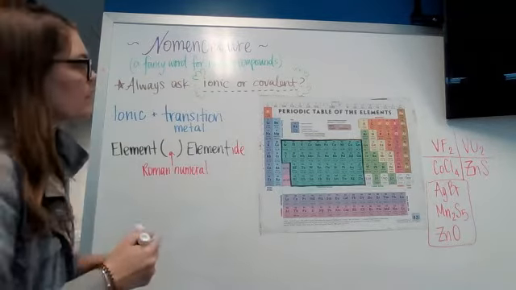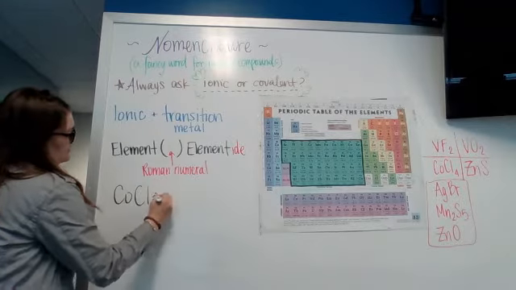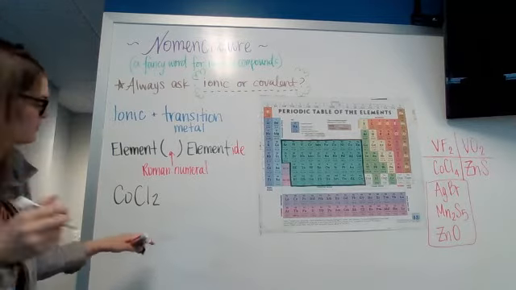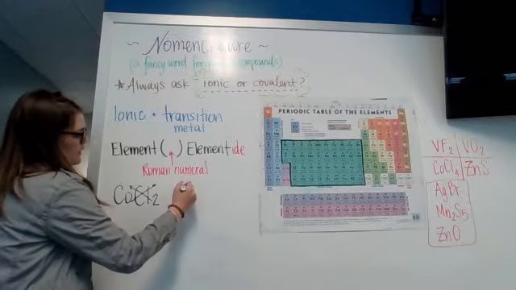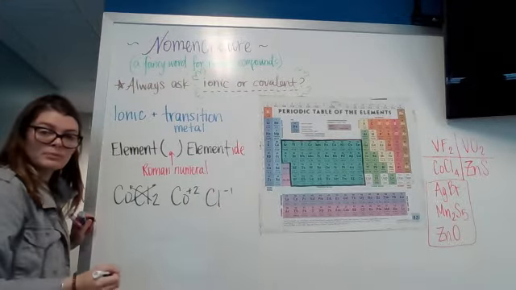Okay, what if we do CoCl2? Okay, CoCl2. So, uncrisscross them, and we have Co+2, Cl-1.